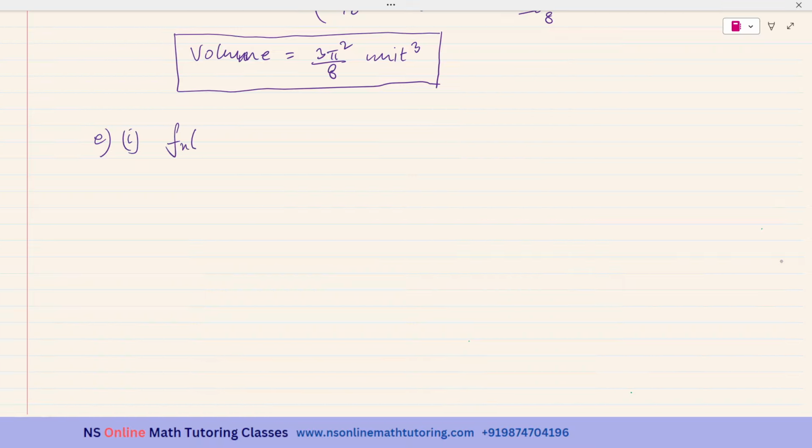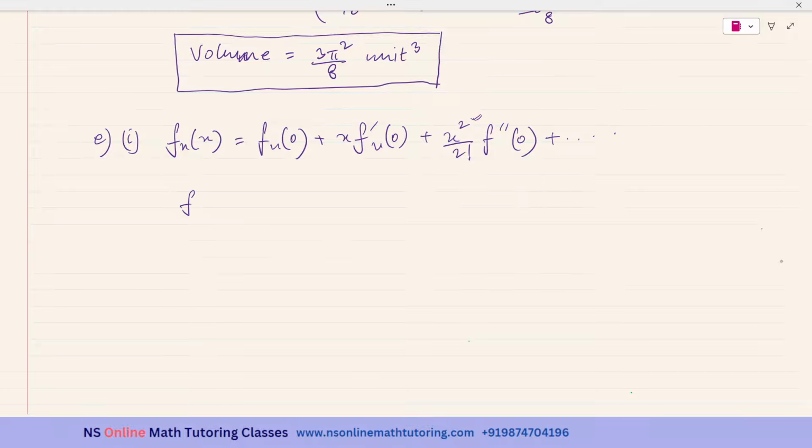fn of x will be equal to fn of 0 plus x times the first derivative of fn of x when x equal to 0 plus x squared over factorial 2, second derivative at x equal to 0, and so on. We will be stopping because it is up to x squared. So fn of x is equal to cos x raised to the power of n.